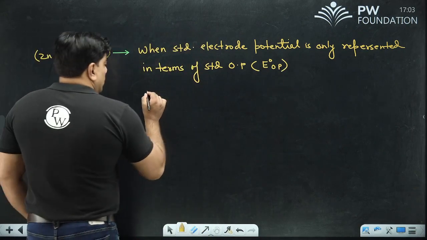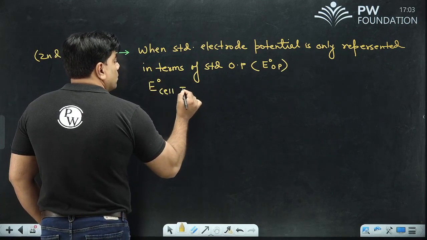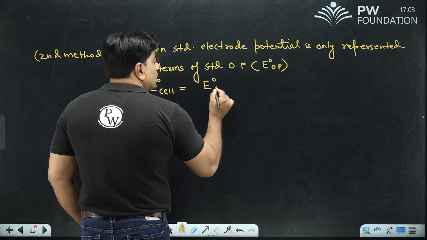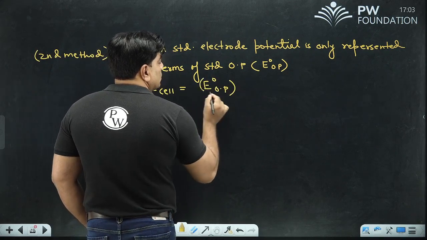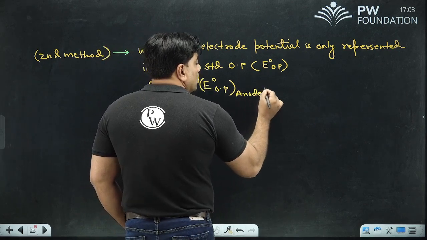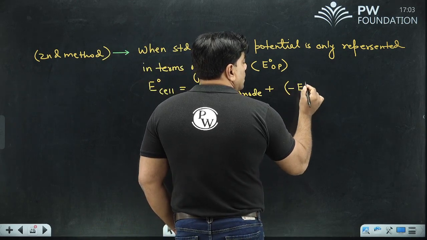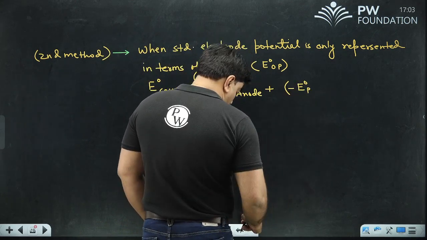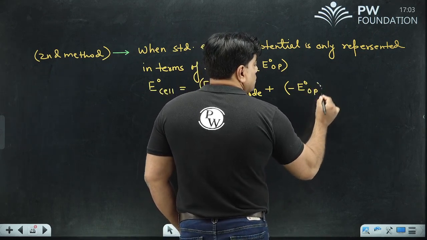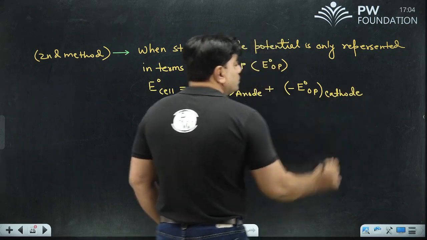In this method, we can write like that: a standard EMF of cell is equal to a standard oxidation potential of anode plus minus a standard oxidation potential of cathode.